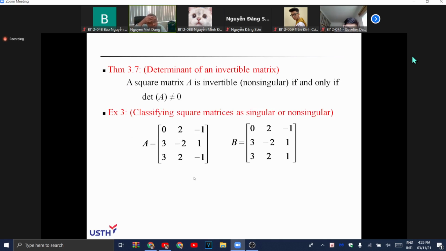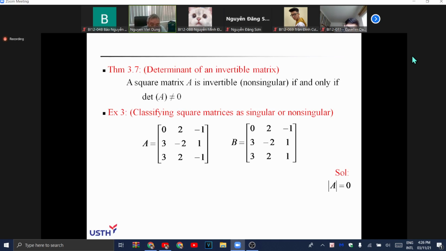And here are some examples for that. Suppose that you are given two matrices A and B like that, and you are required to decide which one is singular and which one is non-singular. Singular means it does not have an inverse, and non-singular means you can find an inverse.